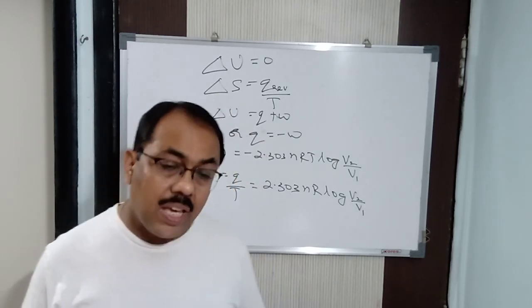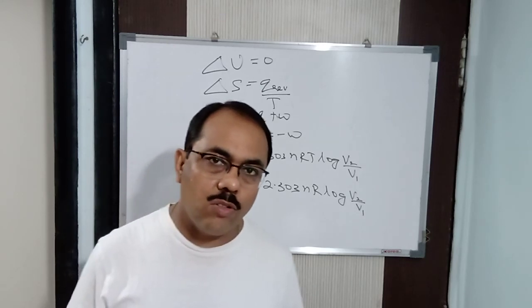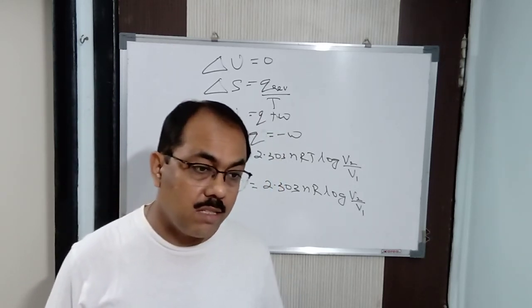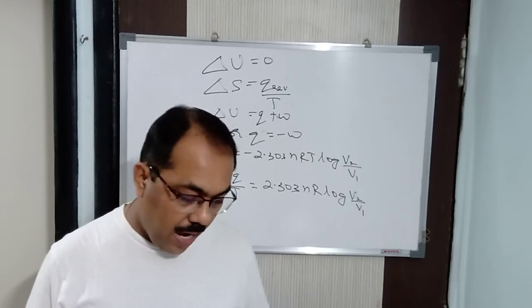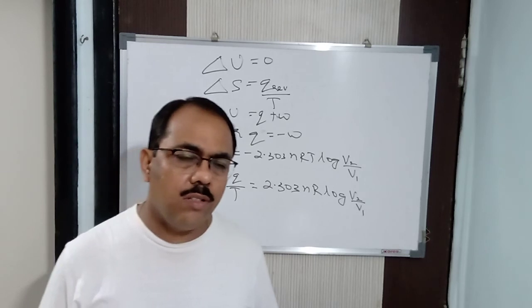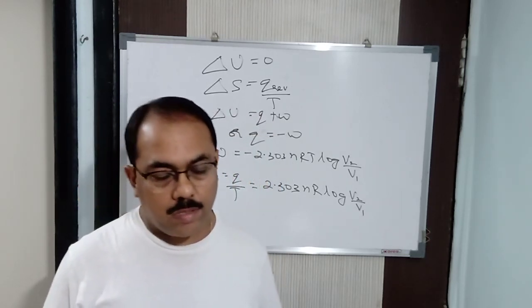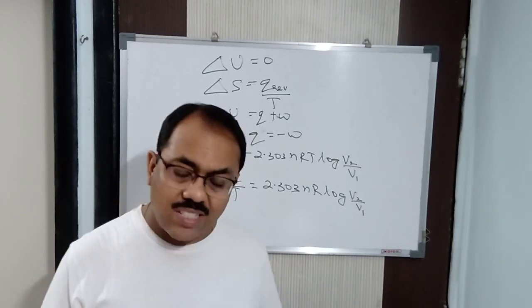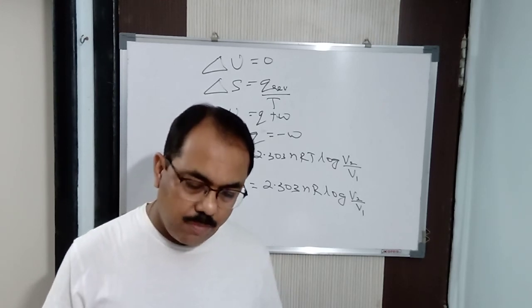Now if Cp and Cv are given, then delta S is equal to 2.303 Cp log T2 by T1. You can write it down. And delta S is equal to 2.303 Cv log T2 by T1. The first one is the isobaric process, because Cp is the heat calculated at constant pressure.